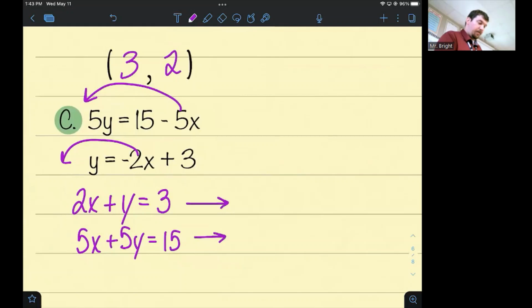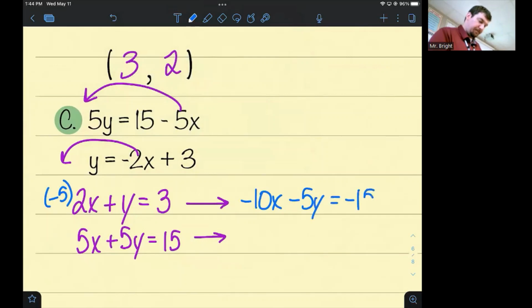Again, you're already thinking, why aren't we just using substitution? I know, I would use substitution, but this is elimination homework. So I'm going to just times the top equation by 5, but better yet, -5. To get -10x, -5y equals -15. Bottom equation, I'm not going to do anything to. So I guess you could say I'm timesing it by 1.